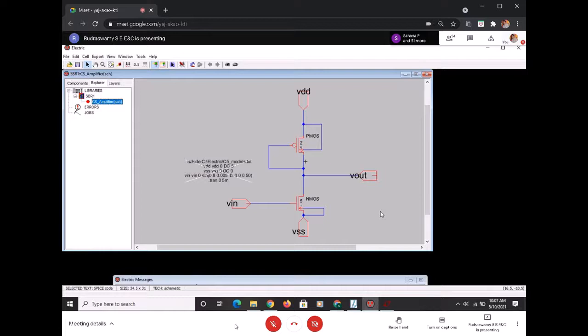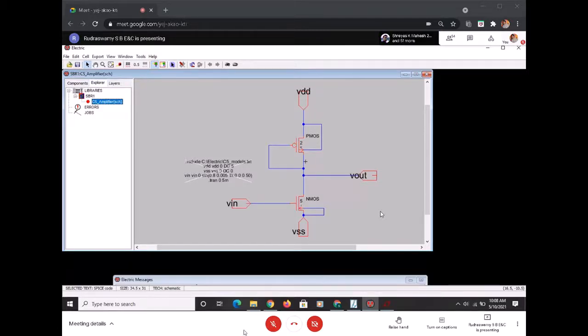You can change that and keep 2.5, and alter it to see for what exact value of the mu-n ratio with respect to mu-p you get the exact gain. Sometimes you may get 12 as a gain if you have designed for 10; now we are getting somewhere around 8 or 9. Is that clear?